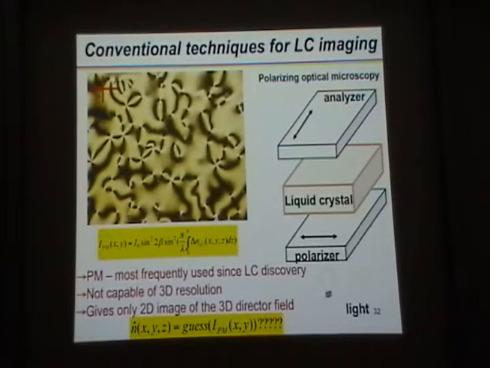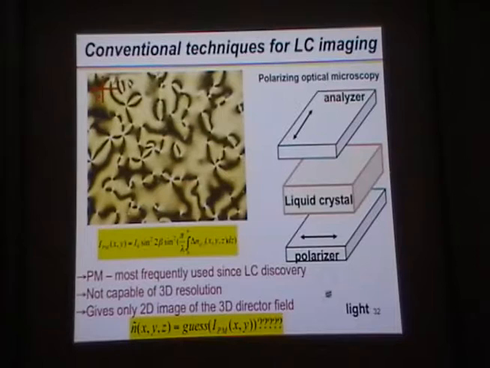So how does a liquid crystal sample look as you observe it in a microscope? Well, if you put a liquid crystal sample between 2 crossed polarizers and then observe it in the microscope, what you observe is what you see in here, right? And this is provided that your liquid crystal sample is not aligned in some way, right?